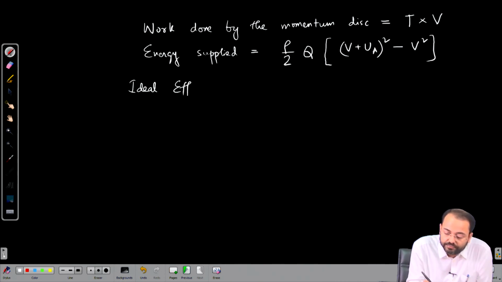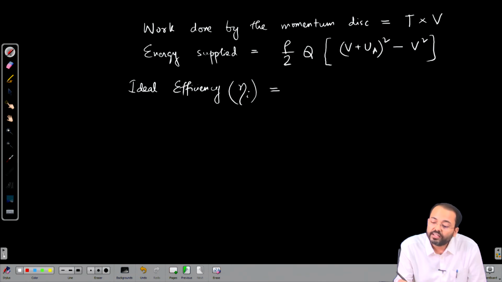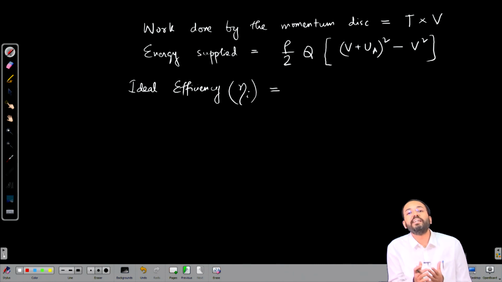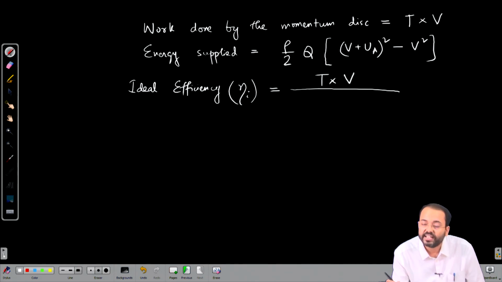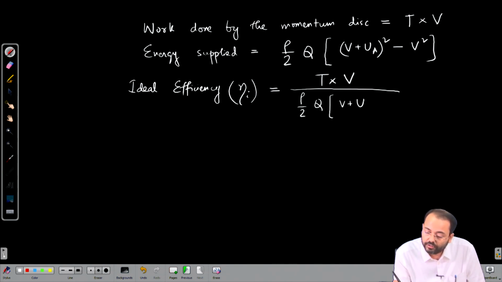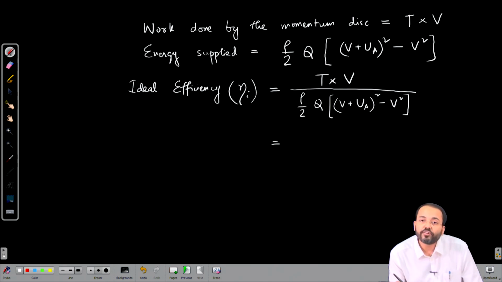So, the ideal efficiency eta I is given by the work done by the energy supplied. So, basically it is the output that we get, which is again the thrust times the velocity, divided by the input. Now, how is thrust defined with respect to the mass flow rate?